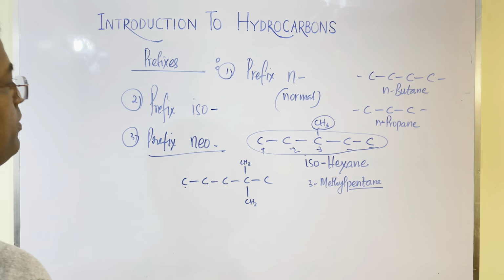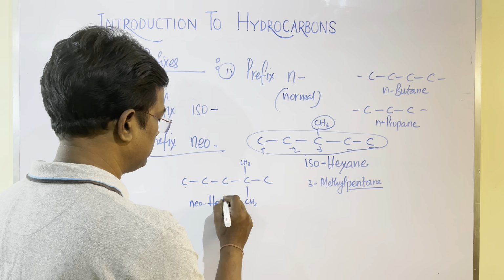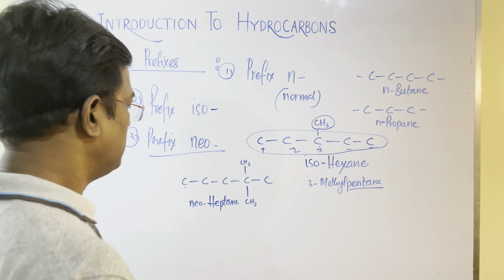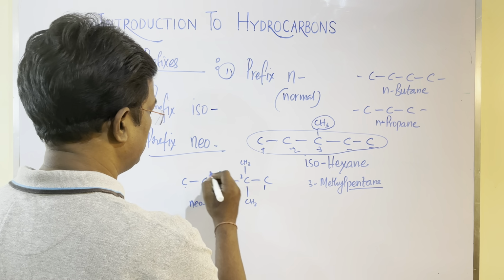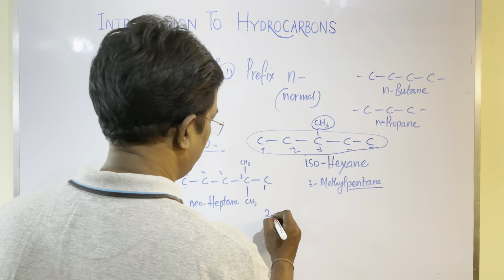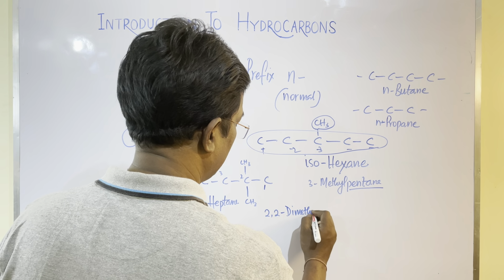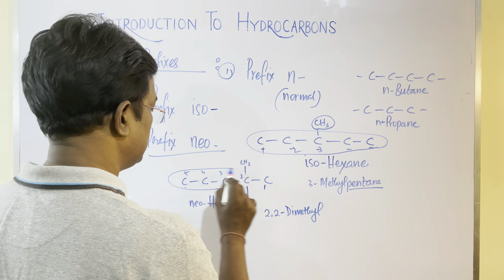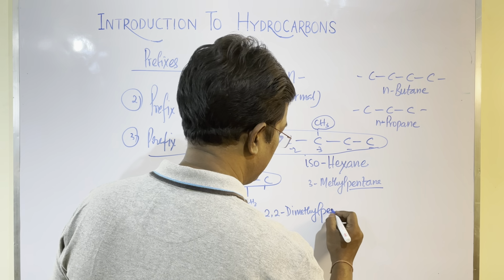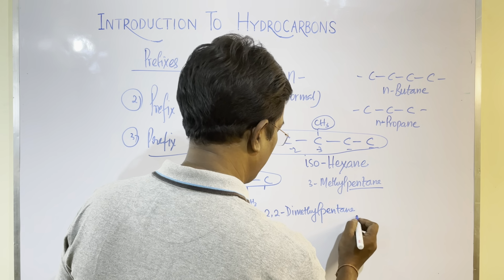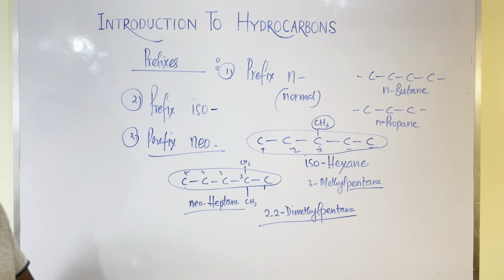That means neoheptane. But the IUPAC nomenclature will be assigned the lowest possible values. It will be 2,2-dimethyl. The longest chain contains 5 carbon atoms, so it will be 2,2-dimethylpentane. And the common name is neoheptane.